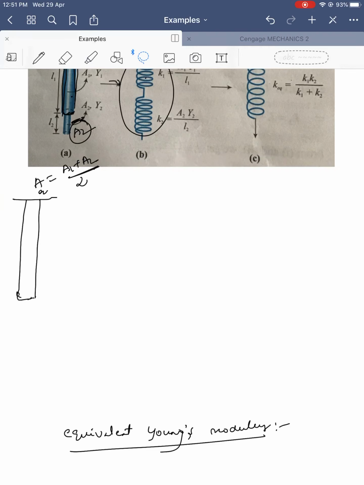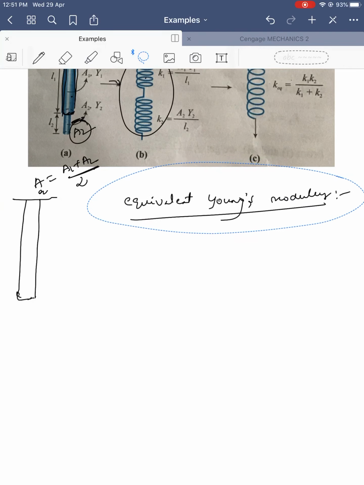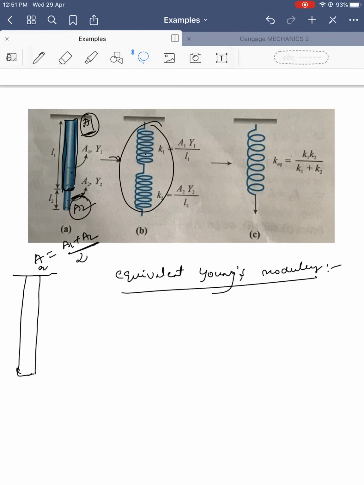So equivalent Young's modulus we will now find, for the previous case. These rods are in series, so A equivalent is the average of the areas of the rods in series. Length equivalent: here the length is L1 and here the length is L2, so L equivalent is L1 plus L2 because these two are in series.